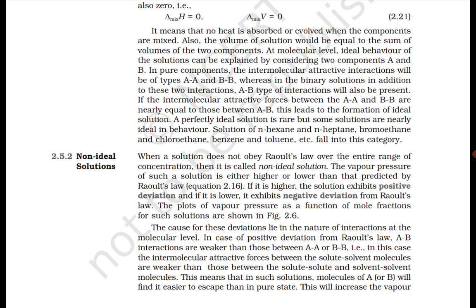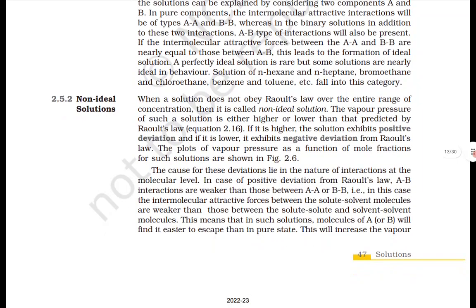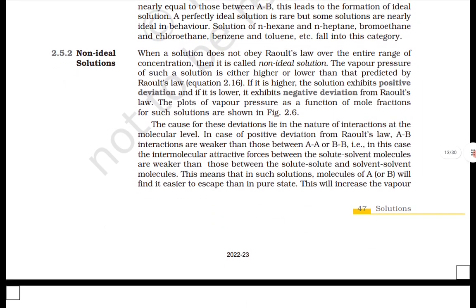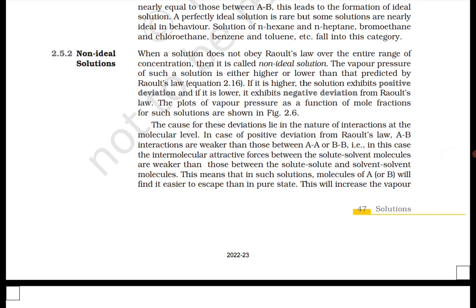If it is higher, the solution exhibits positive deviation, and if it is lower, it exhibits negative deviation from Raoult's law. The plots of vapor pressure as a function of mole fractions for such solutions are shown in figure 2.6. The causes for these deviations lie in the nature of interactions at the molecular level.